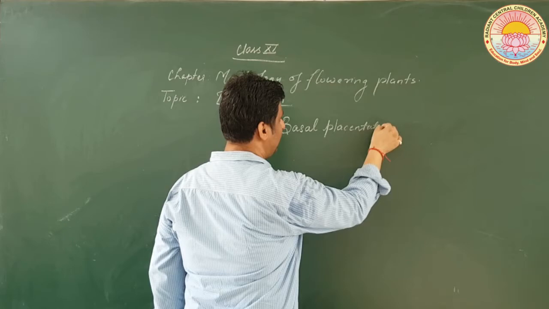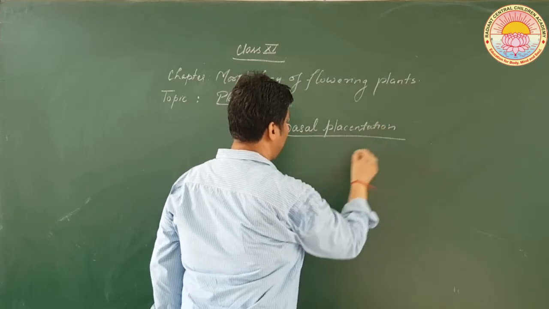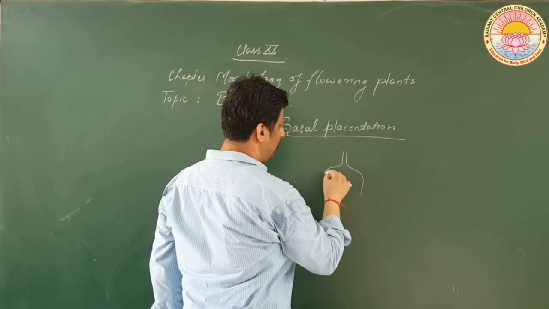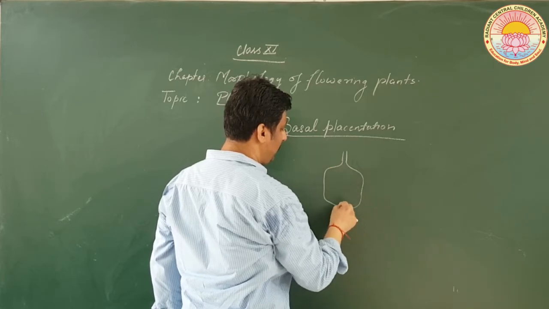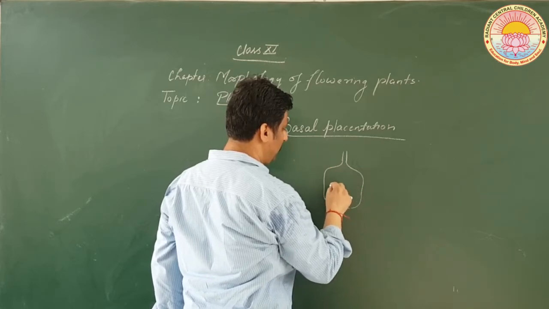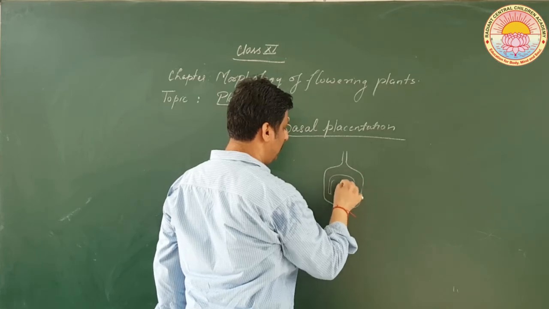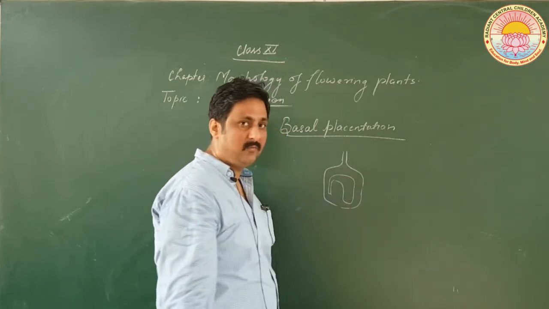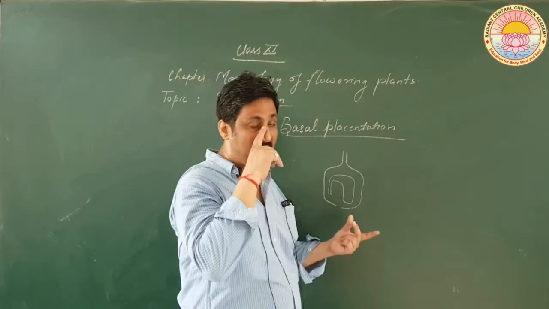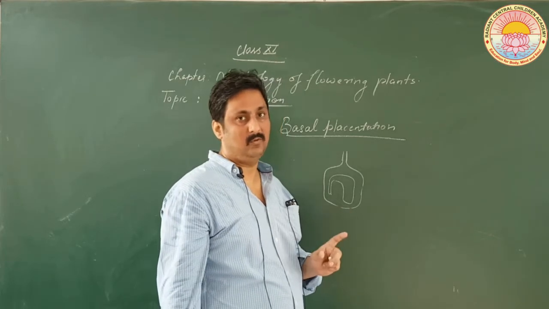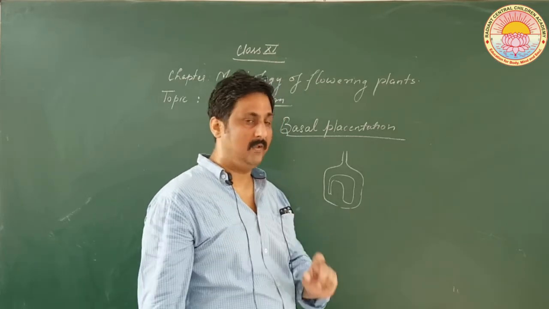In case of basal placentation, you will notice that the ovules arise from the lowermost, or basal, part of the ovary, and the ovule will be only one in number.